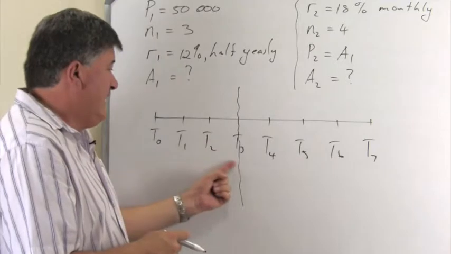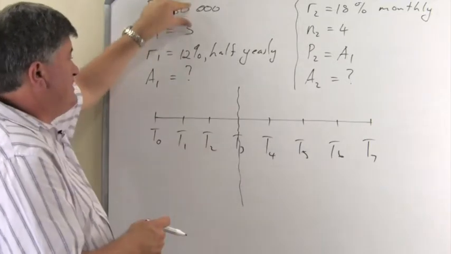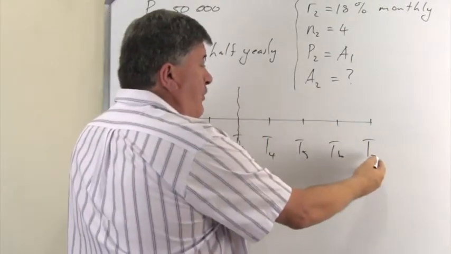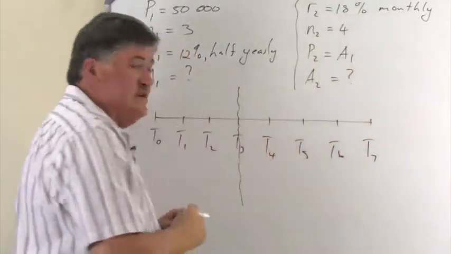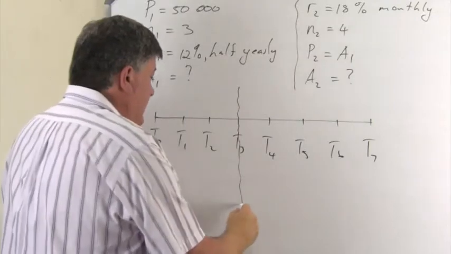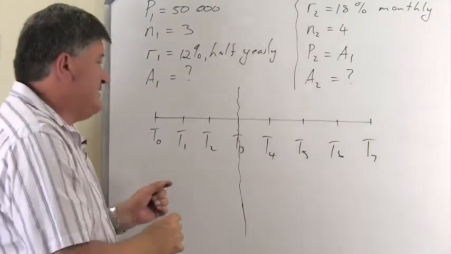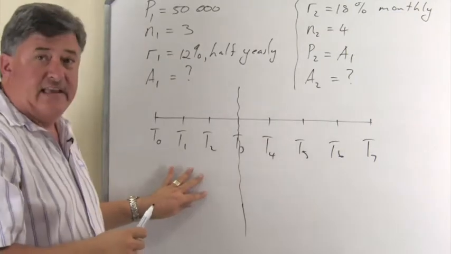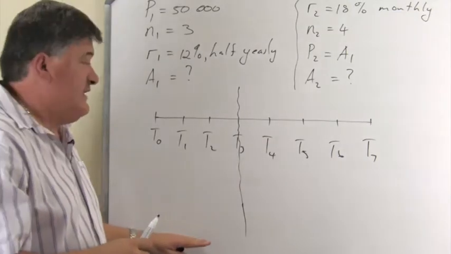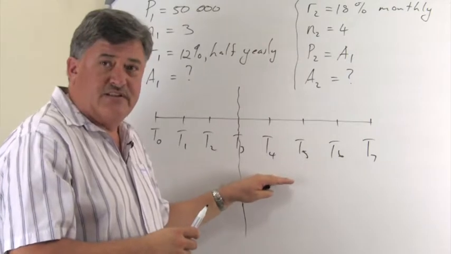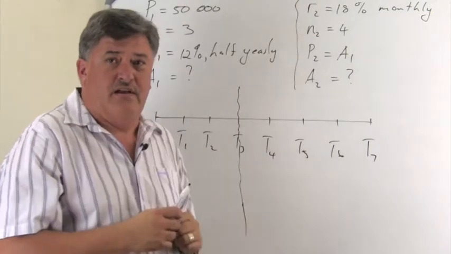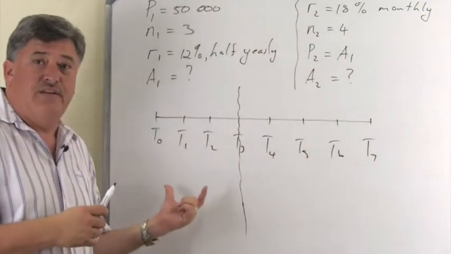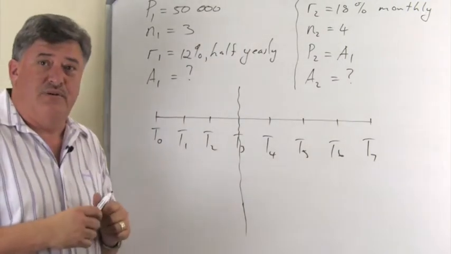So for 3 years, we're going to use this information, and for the next 4 years, we're going to use that information. A good idea is, once you've got the summary, that you do your calculation here, and whatever your answer, you then transpose it to this one, and you will get your final answer by doing that. It's a very nice way to see exactly what you are busy doing.